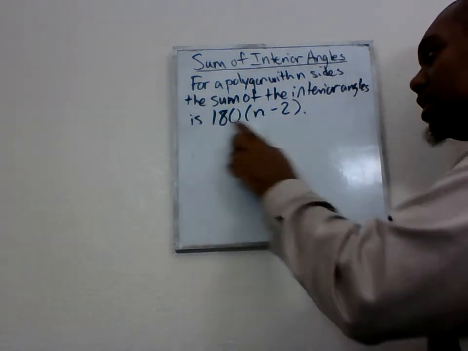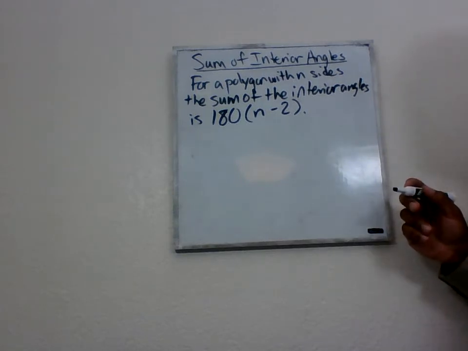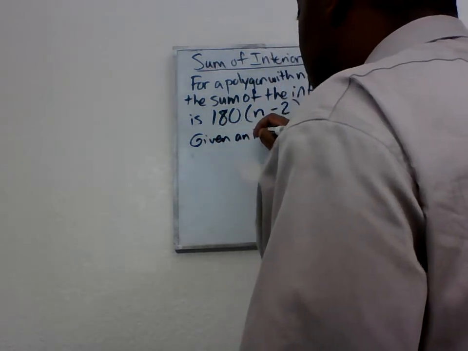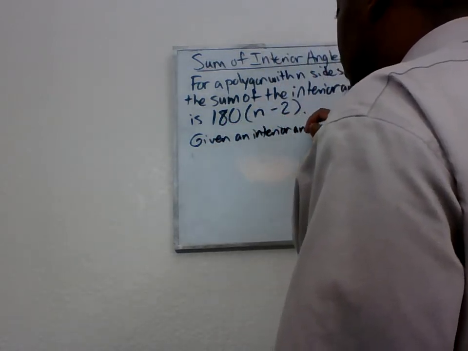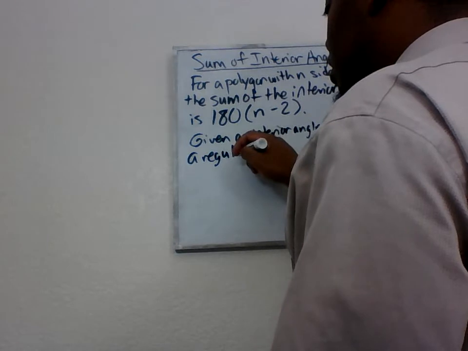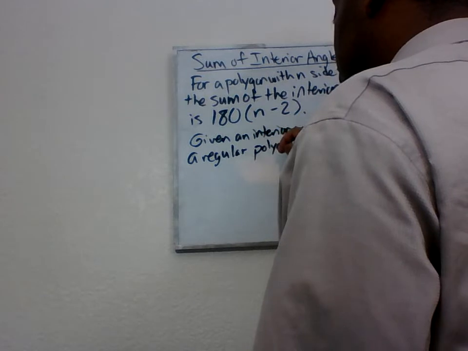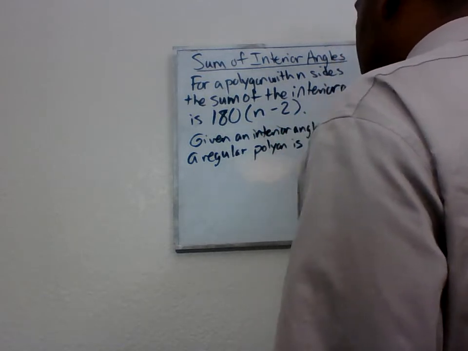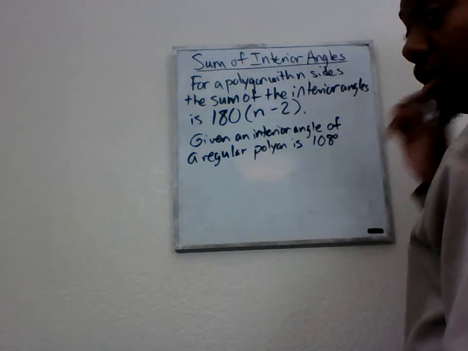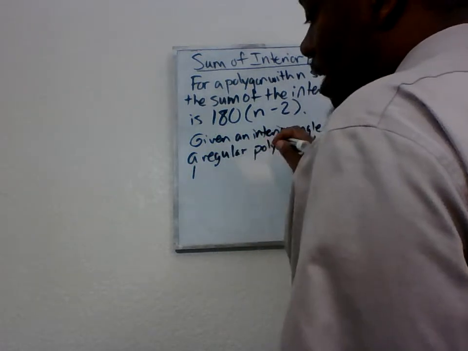Well, this time, let's say we are given an interior angle of a regular polygon is 108 degrees. What is it, or how many sides, or what type of polygon is it?